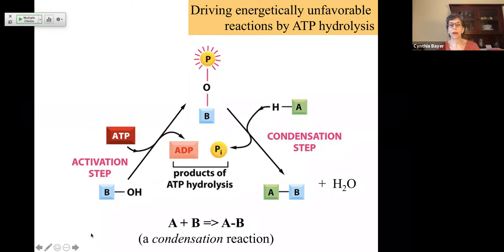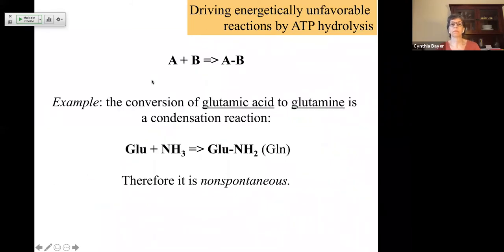So let's look at a more specific example of a condensation reaction. Condensation, A plus B, simple molecule plus simple molecule being joined together, a new covalent bond forming something more complex.